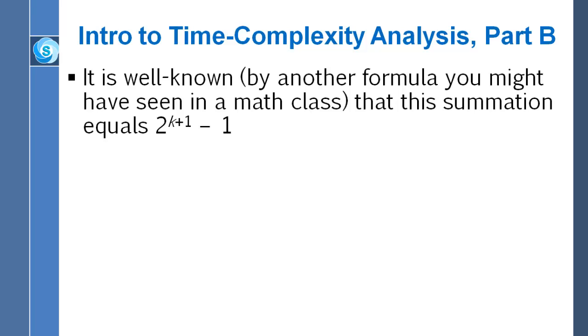Right? Well, this formula, 2 to the k plus 1 minus 1, when k is 3, would be 2 to the 4th minus 1. So that, of course, would be 16 minus 1, and that is also 15. So it works in that case.